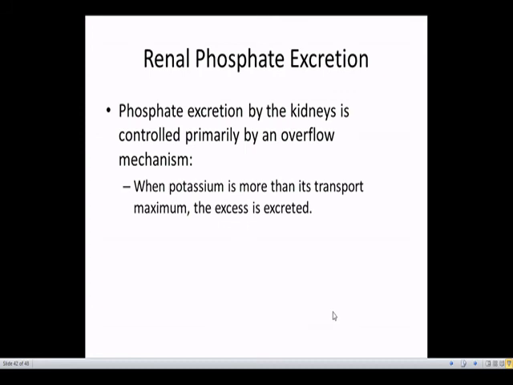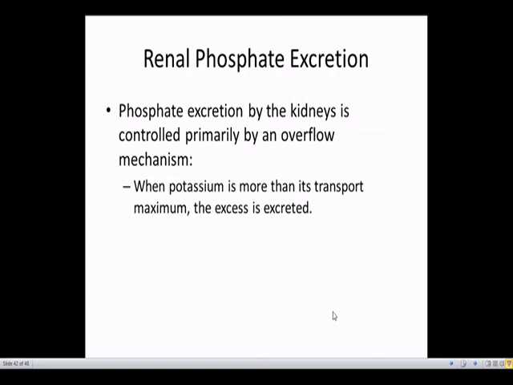Phosphate excretion by the kidneys is controlled primarily by an overflow mechanism, which means when phosphate is more than its transport maximum, the excess is excreted in the urine.